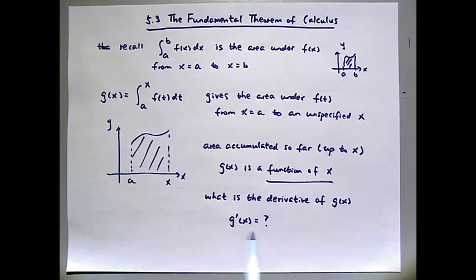Once we find the derivative of that, we know how to find the rate of change of the accumulated area. To find that, let's revisit the very first definition of derivative that we saw.